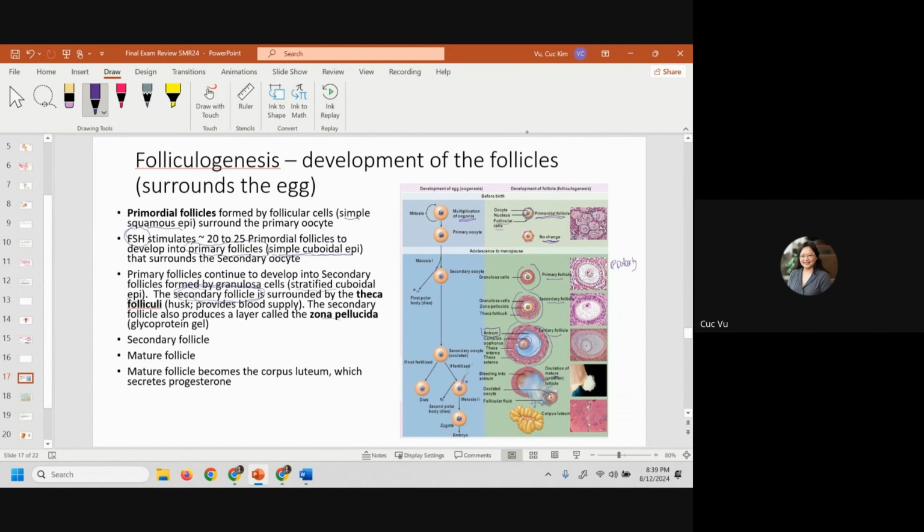From there, it's going to become the mature follicle, and that's when it's ready to rupture, and in other words, release the egg through ovulation. Okay. So these are the changes of the follicle as FSH is being released. Can someone review that for me again? Go through what the changes are.